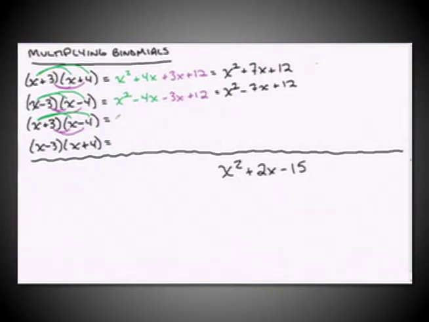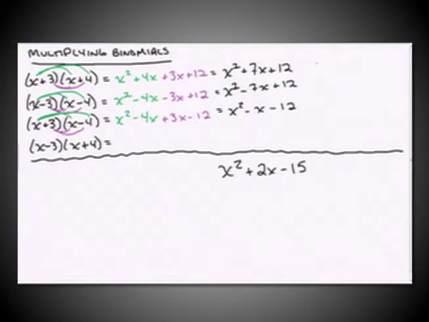So multiplying, we get x squared minus 4x plus 3x minus 12, which gives us x squared minus x minus 12.